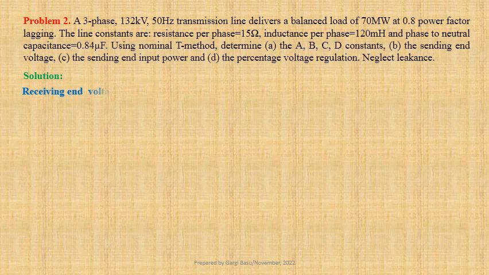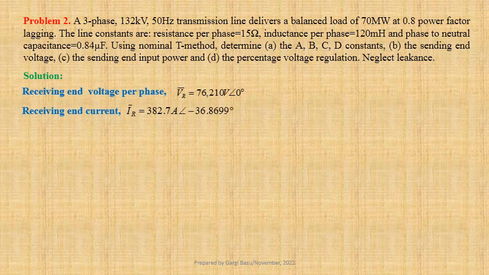Taking receiving end voltage per phase as reference, we can write VR equals 76,210 volts at an angle 0 degree. We have computed receiving end current IR equals 382.7 ampere at an angle minus 36.8699 degree, and generalized constants for T equivalent circuit A equals D equals 0.995022 at an angle 0.114 degree.